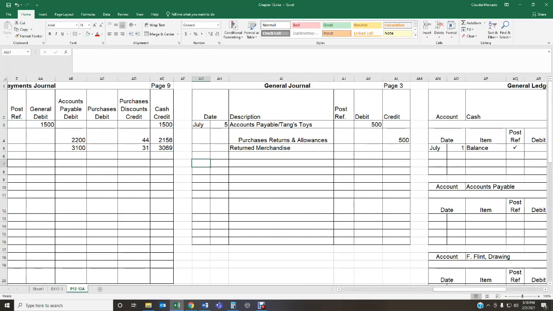So this is happening on the 15th. Once again, I'm going to have my accounts payable, but this time it is for Daisy's Dolls. And then I am going to credit my purchases, returns, and allowances.